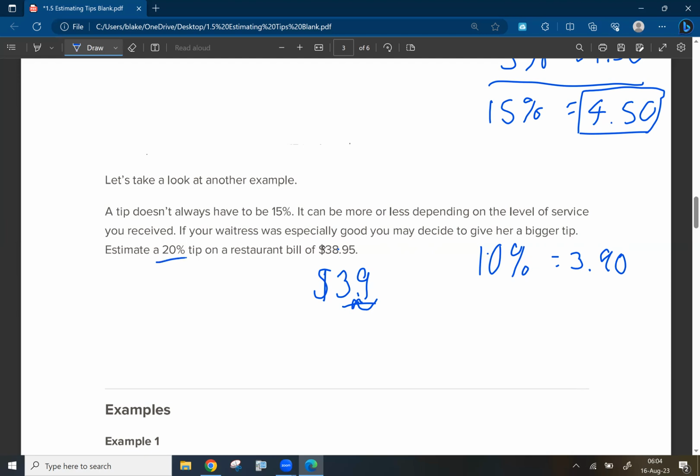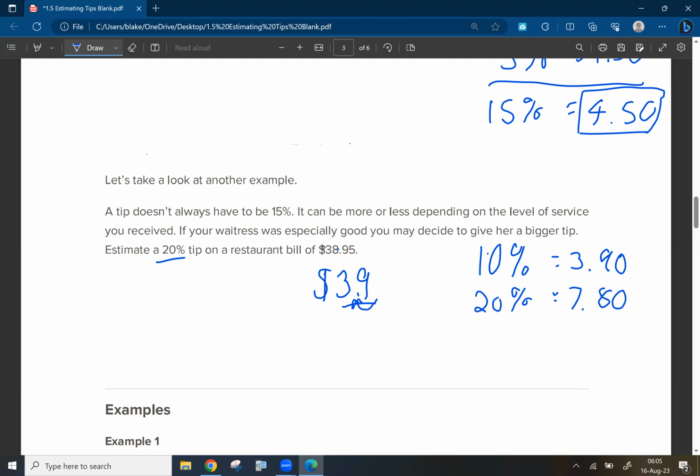All right, but we want 20%. So 20% is simply going to double that 3.90. So be careful about how you double that. But think about counting out these coins. You'd have 90 cents and 90 cents and $3 and $3, which combined would get you $7.80.